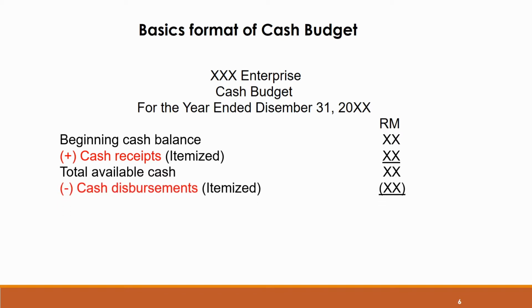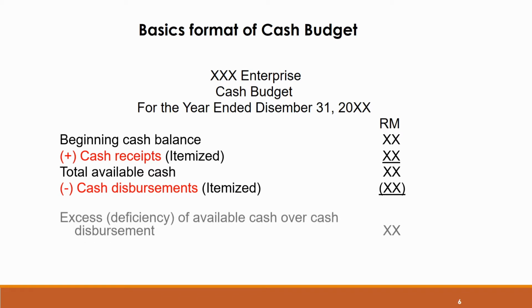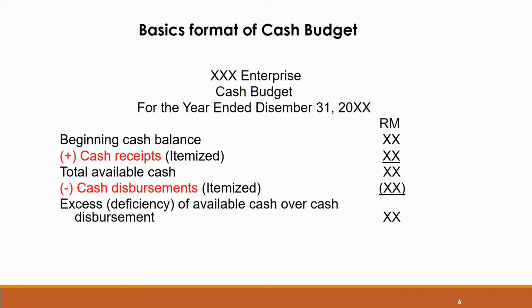Number 4, we have to record cash disbursement or cash payment. Number 5, we have to calculate excess or deficiency of available cash over cash disbursement. Number 6, we have to record any financings from the question. And number 7, we have to calculate the ending cash balance.